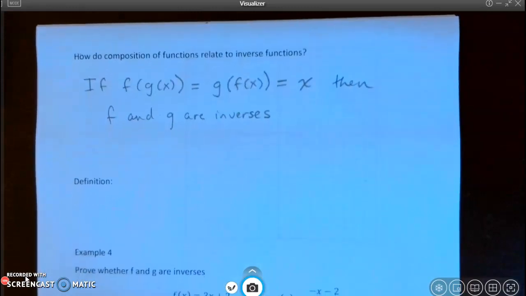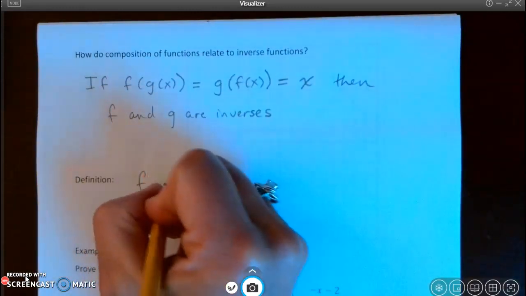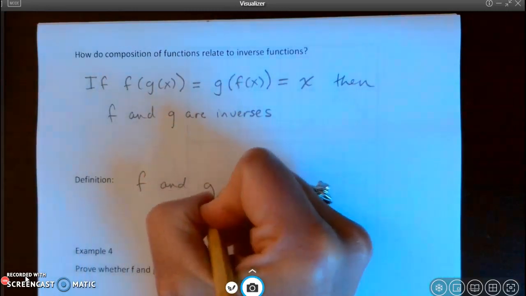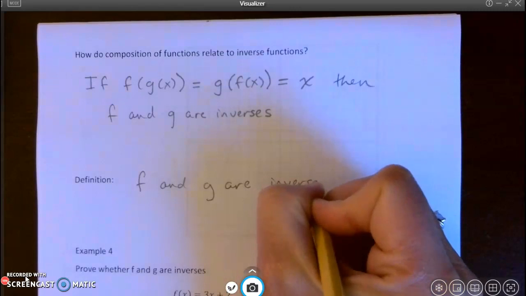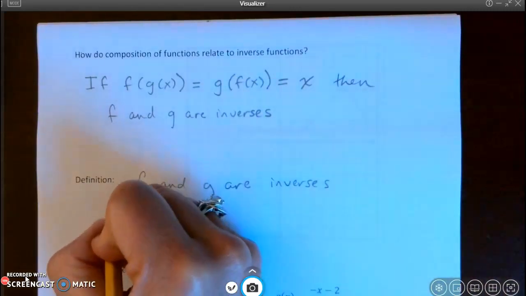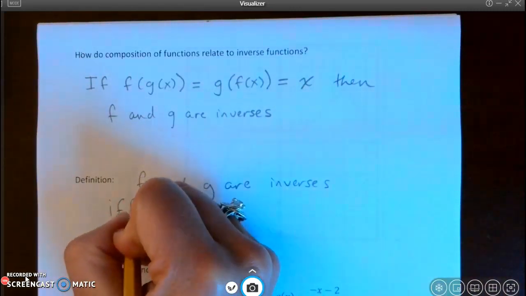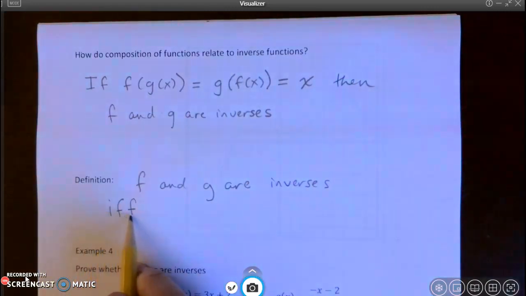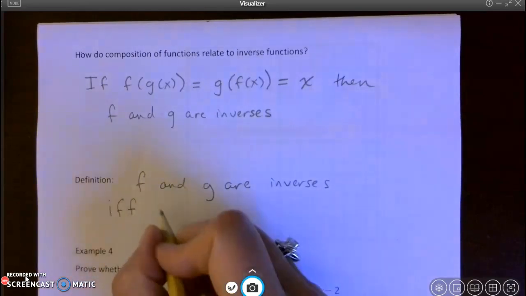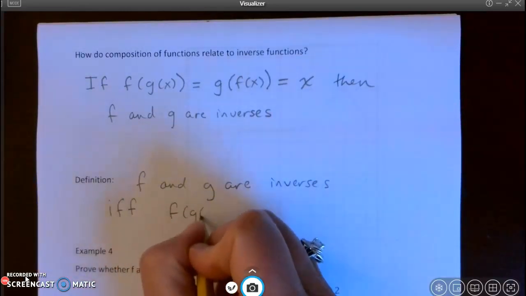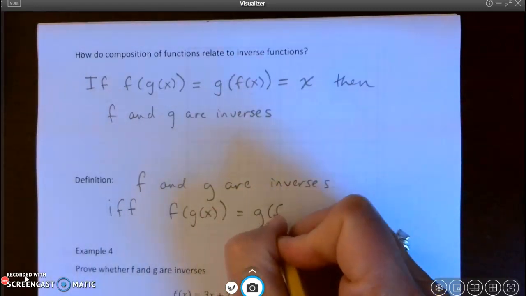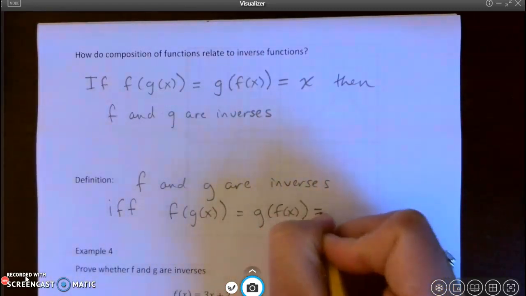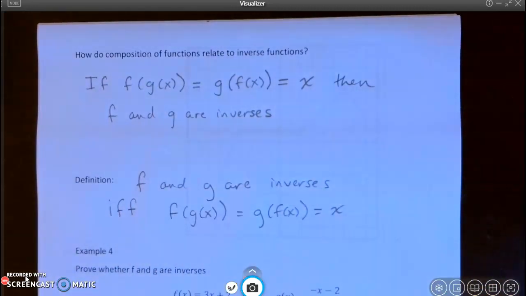So the definition says that f and g are inverses if and only if. IFF is a shorthand version of if and only if f of g of x equals g of f of x, and they both equal x.